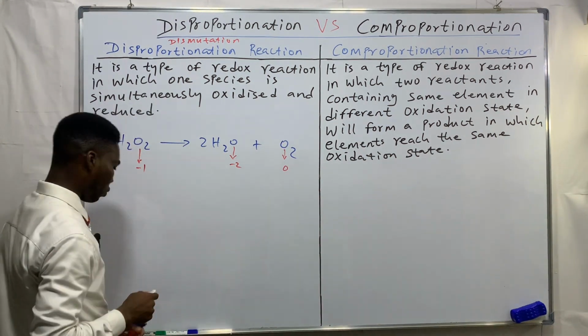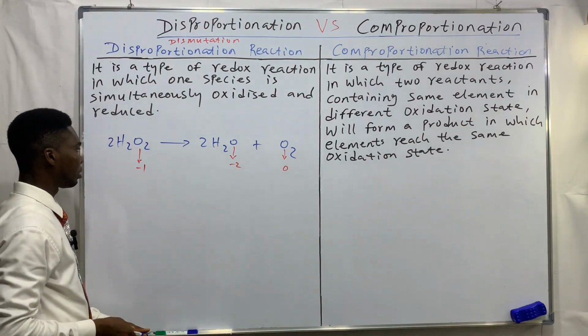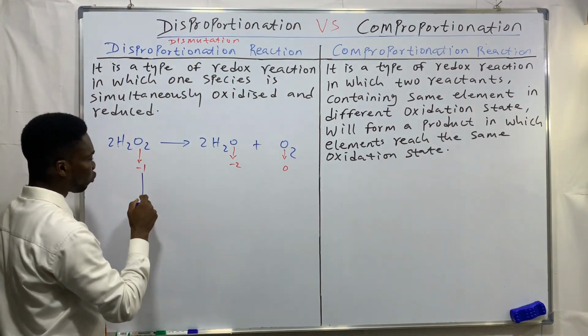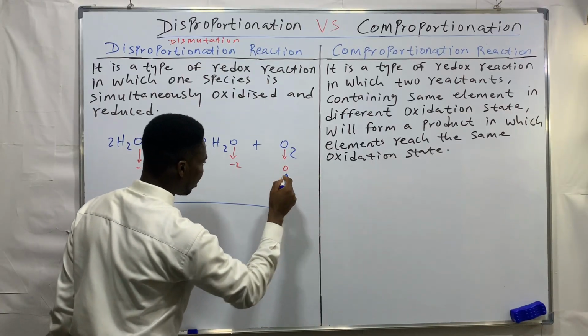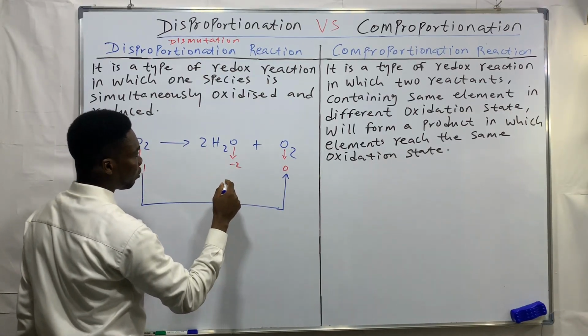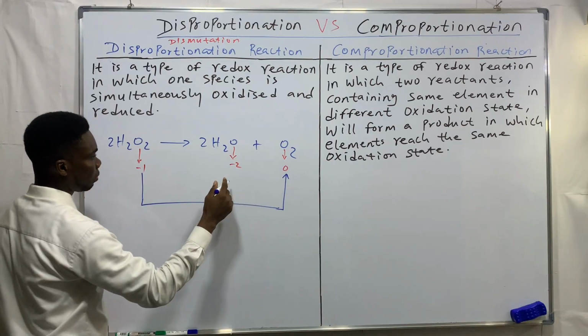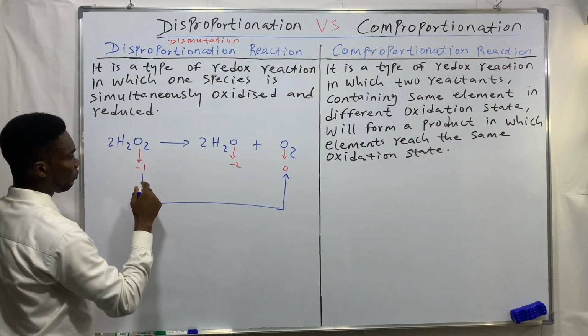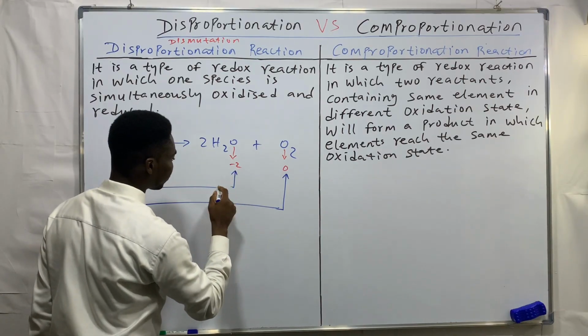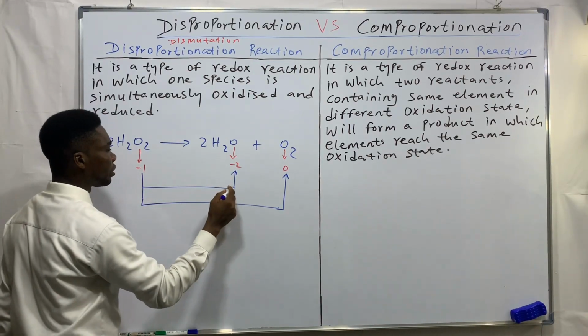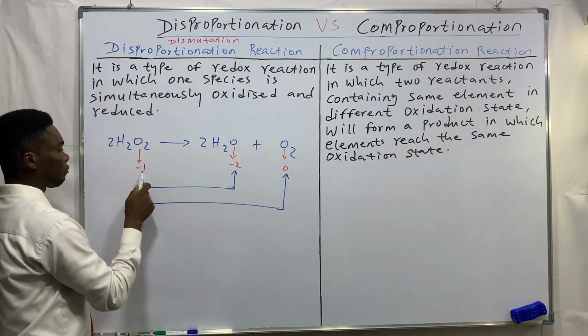Now when we spot them out, what do you see? From -1 to 0 is an increase in oxidation number, which is oxidation.